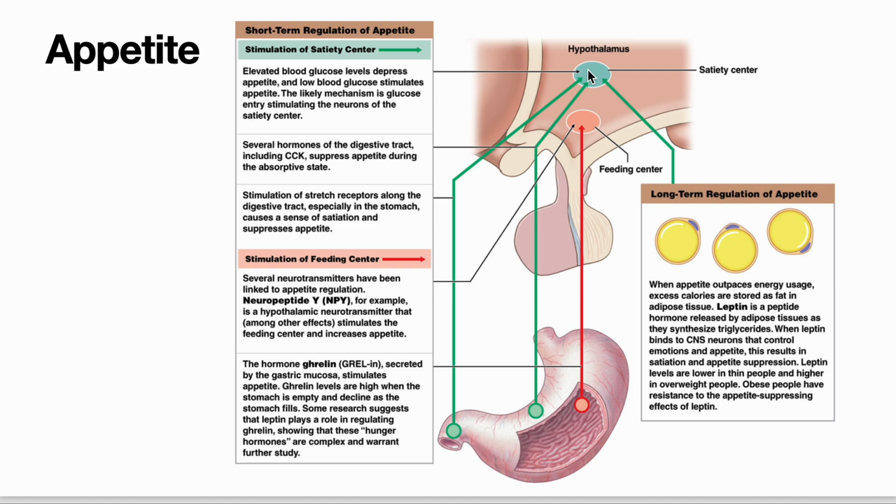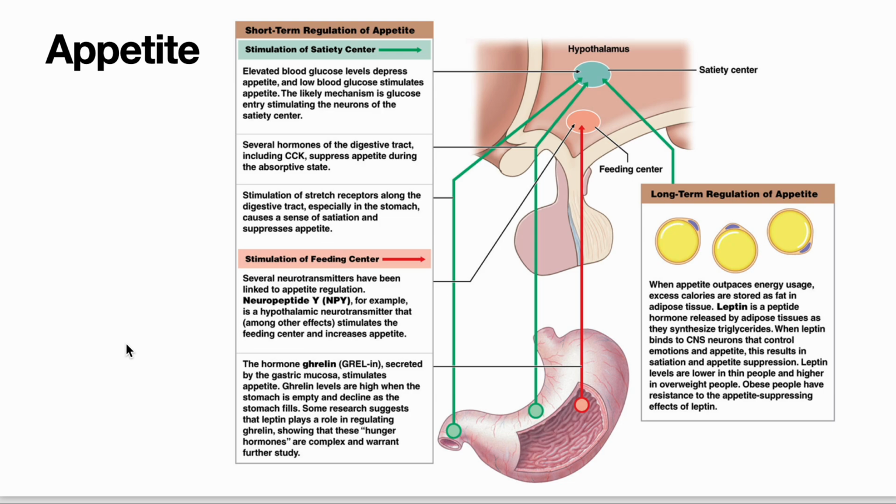Now, also interesting though, is that there's another hormone called leptin. It's a protein hormone, peptide hormone, that's actually released by adipose tissue. So the more adipose tissue you have, the more leptin hormone you release.